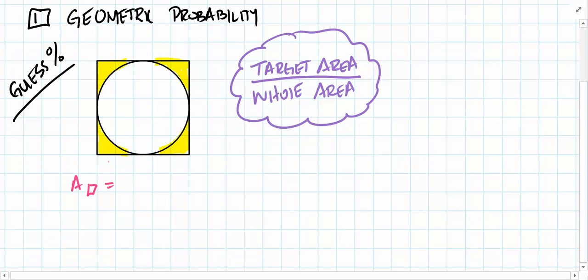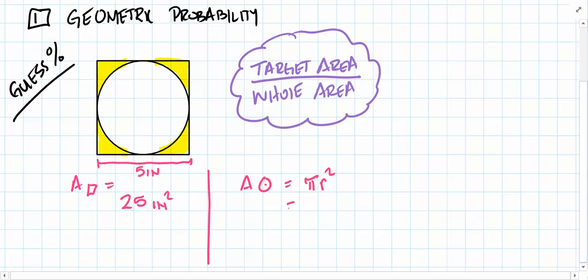I'm going to tell you right now that each side length is 5 inches. So the area of the square should be 25 inches squared. What else do we need? We need the area of the circle. The area of the circle is pi r squared. What would the radius be if the diameter is 5?